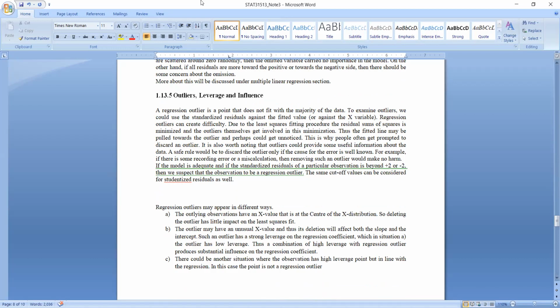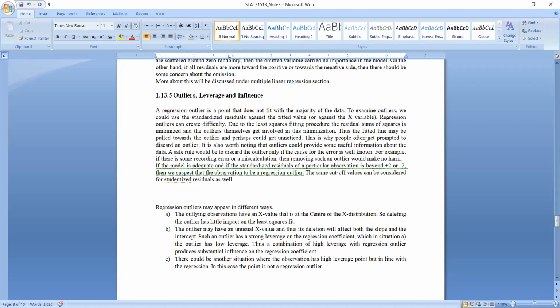Now here I have 37 students. I'm going to take your age and your weight, and I'm planning to fit a regression model to forecast your weight value using age. So in this case, if I take these two values, there may be some extreme point.